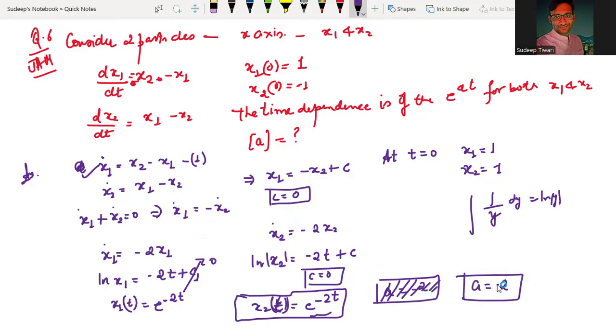There is some mistake in the sense that you already know x1 is equal to minus x2. So you can clearly write here itself x2 as a function of t will be minus e raised to the power minus 2t. From here itself you can do it. But when you're solving it, that is x2 dot, if you're writing x1 minus x2, then this negative sign is not appearing, right?